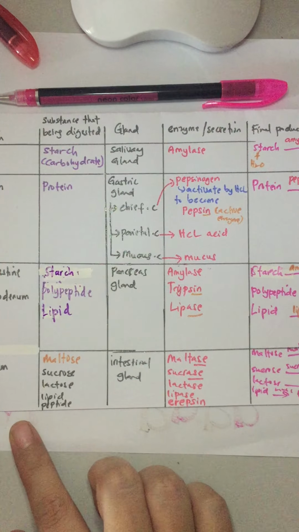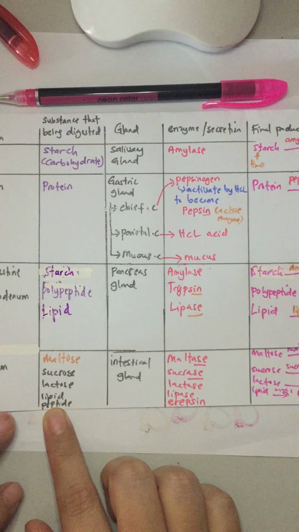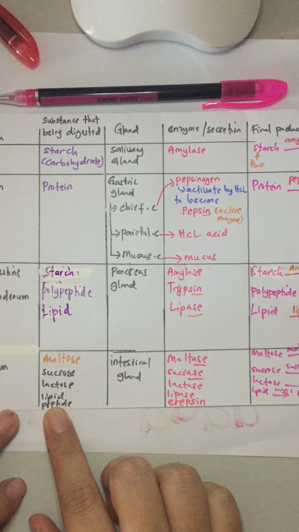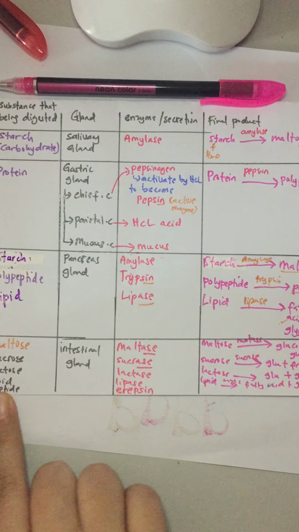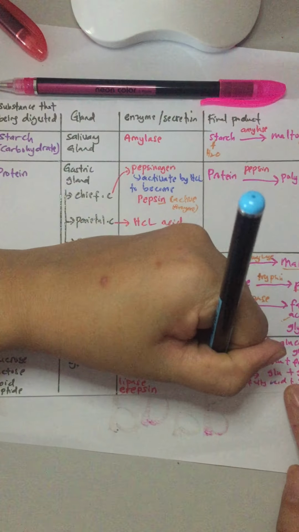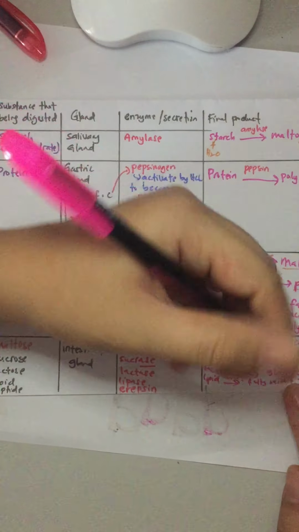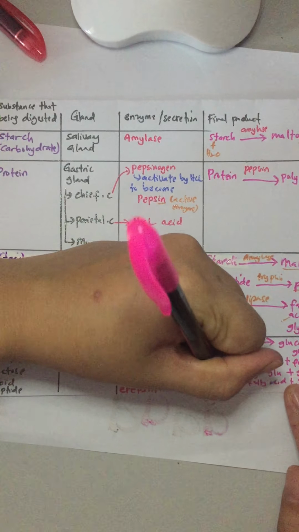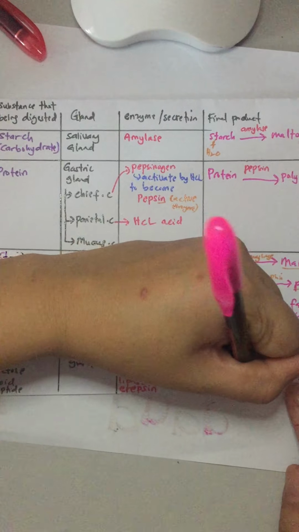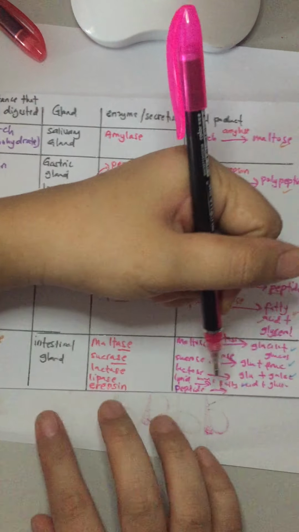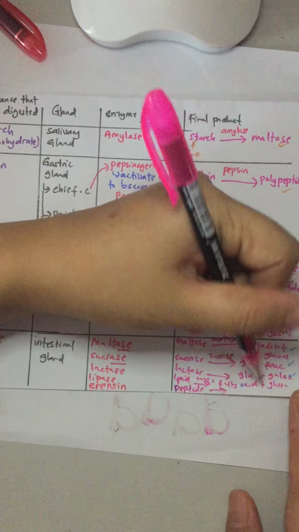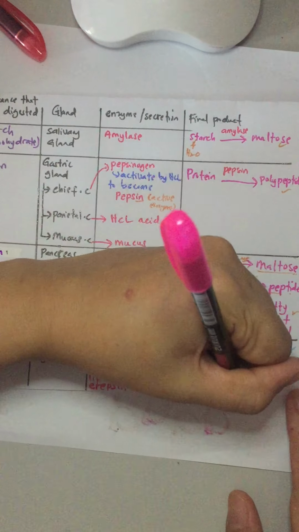Okay, how about peptide? Peptide belum lagi simplest form. Okay, ni masih lagi di peptide. So bila kita digest, dia akan jadi peptide with the help of erepsin. Cikgu tidak tulis lah, tiada erepsin. Dia akan jadi, what is the simplest form of protein?